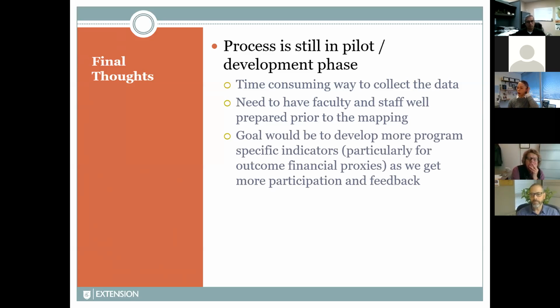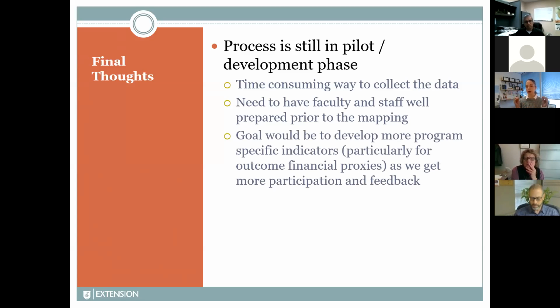The goal overall, and currently what we're working on right now, is to develop more program-specific indicators, particularly for those outcome financial proxies. There are some programs that happen throughout many of the counties in Washington State. So Master Gardener is one of them. We also have a diabetes prevention program.